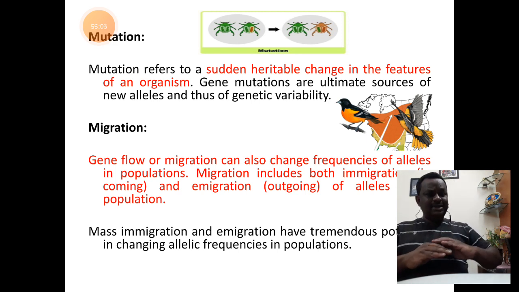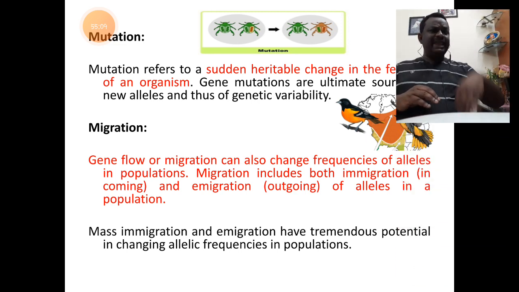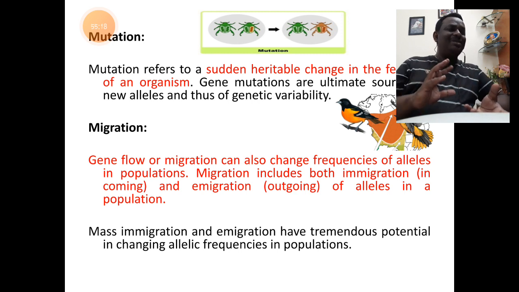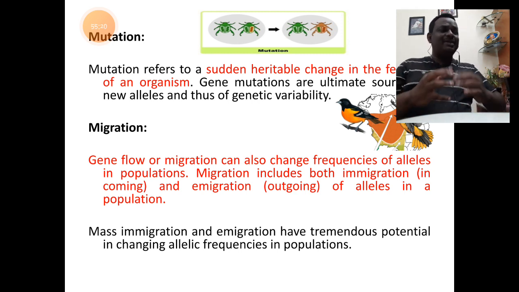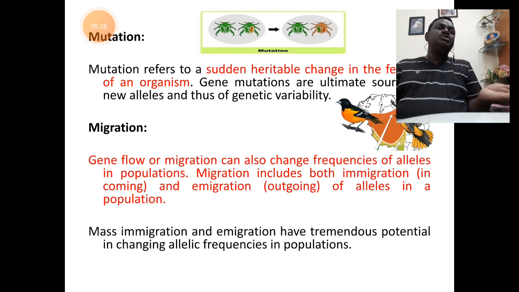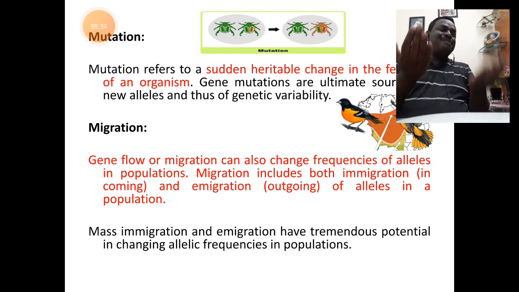Whether it is immigration or emigration, incoming or outgoing alleles, both are harmful, because in a given Mendelian panmictic, random mating population, the allelic frequency and genotypic frequency never remain equal to 1, because there is an imbalance.